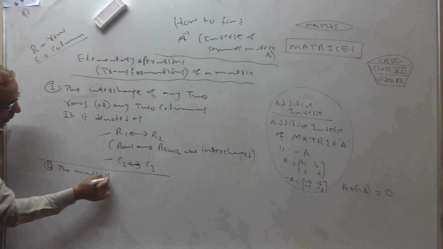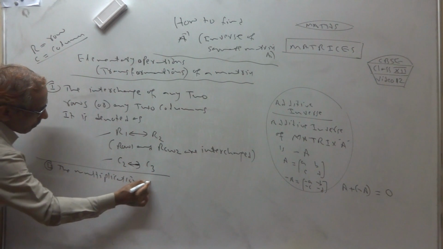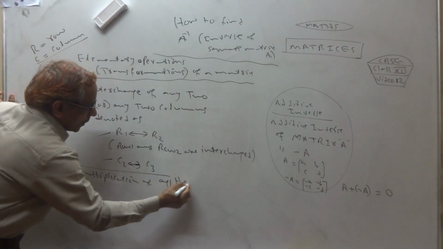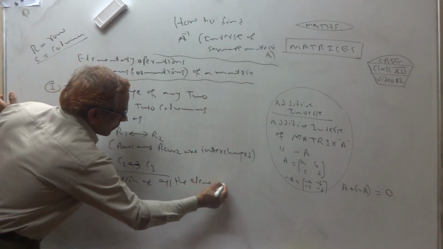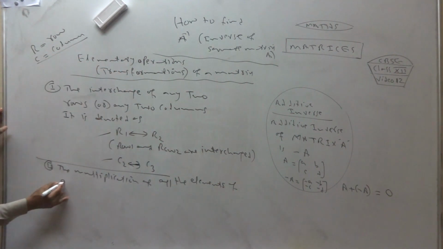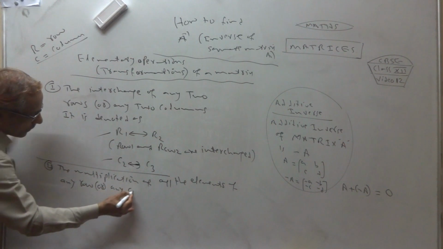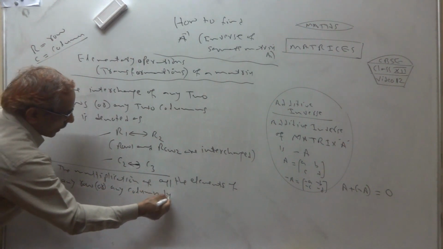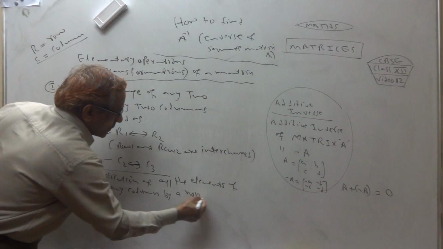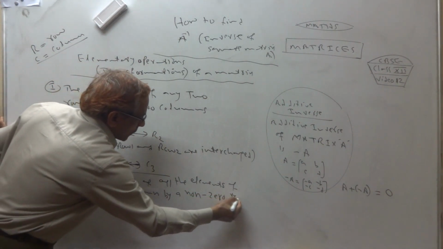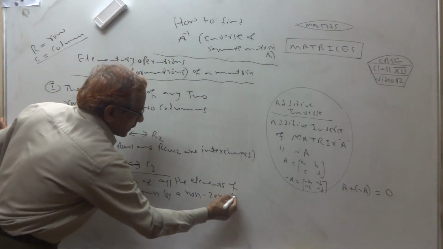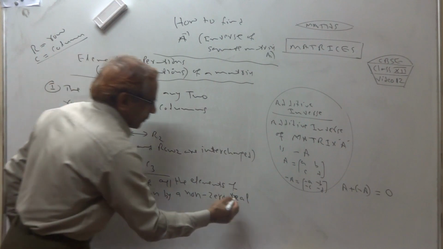Second, the multiplication of all the elements of any row or any column by a non-zero real constant.